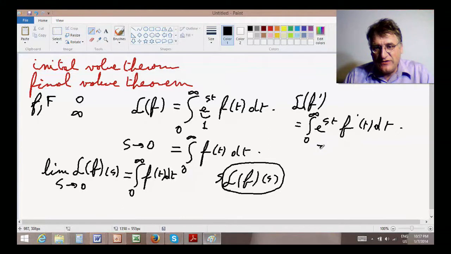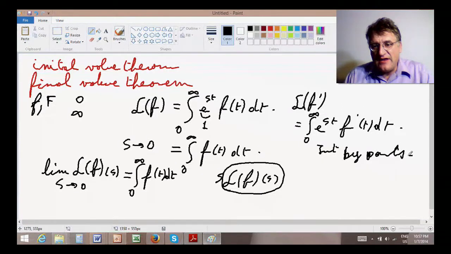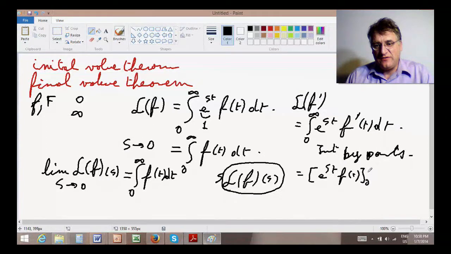Okay, and then we did an integration by parts, and that would get us to, let's see, what was it? So we have a prime here, so that gets us to e to the minus st times f of t taken between 0 and infinity. Oh, I forgot the minus here, just like I forgot the minus there.